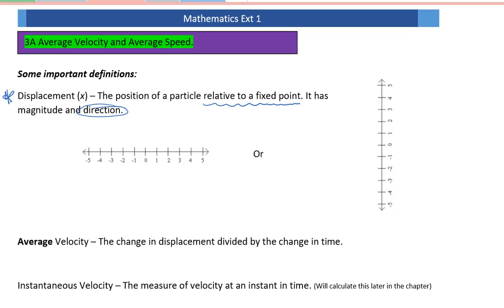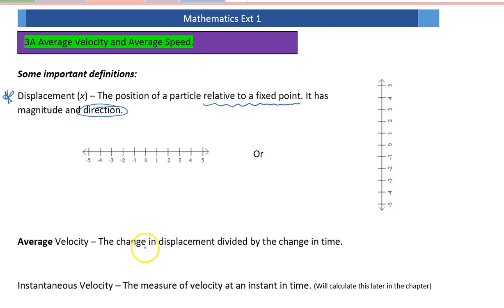So, having established what displacement is, let's move into average velocity. And average velocity, you know the word average. Average velocity is the change in displacement divided by the change in time.